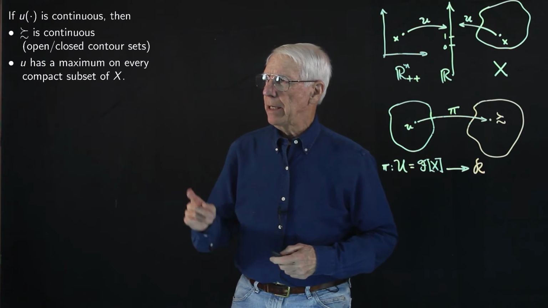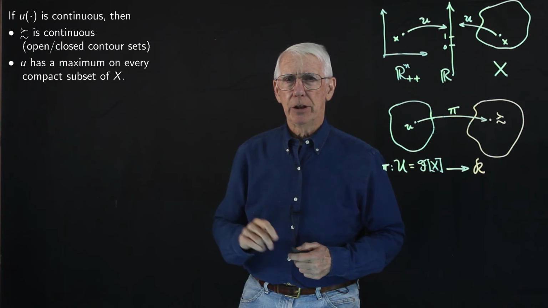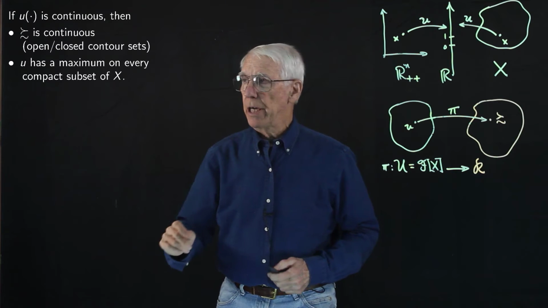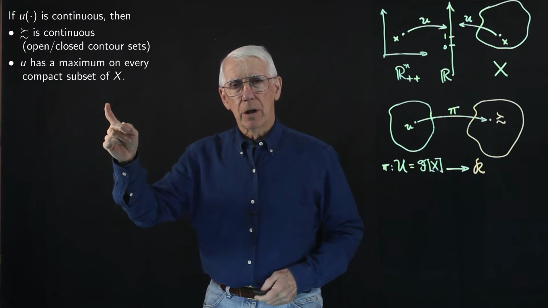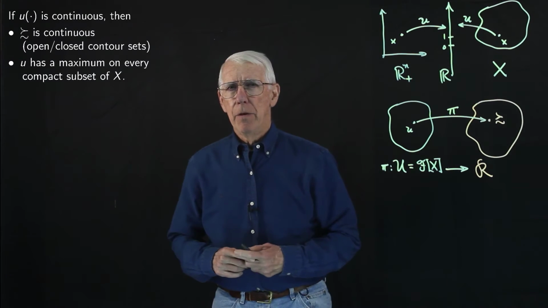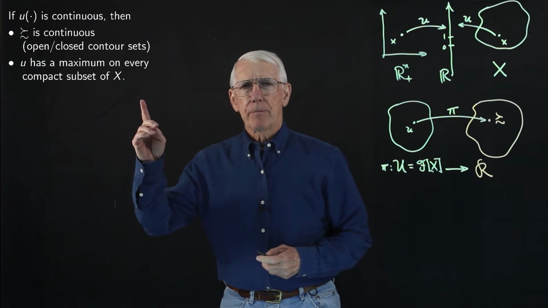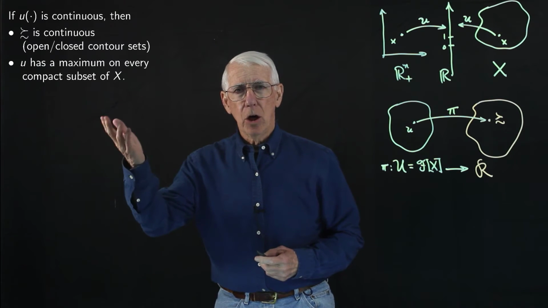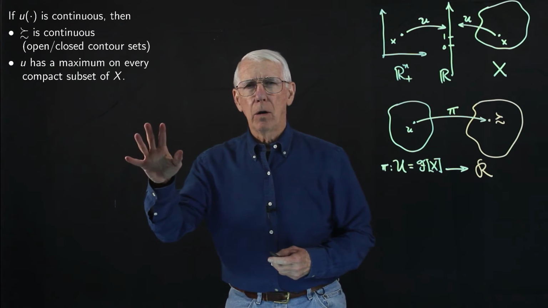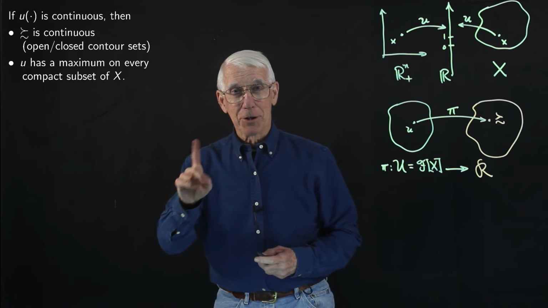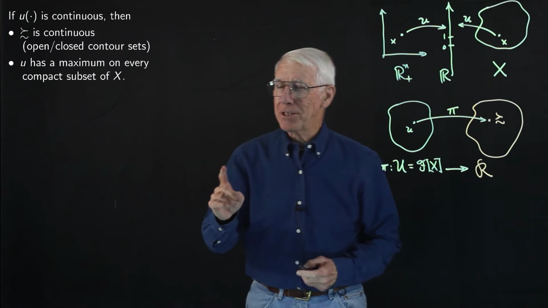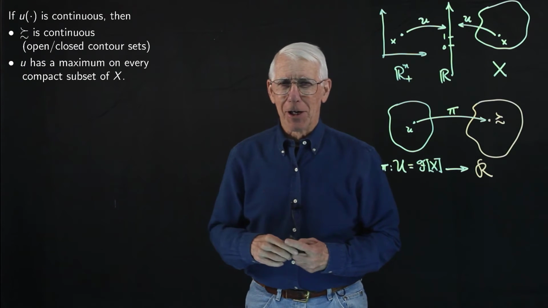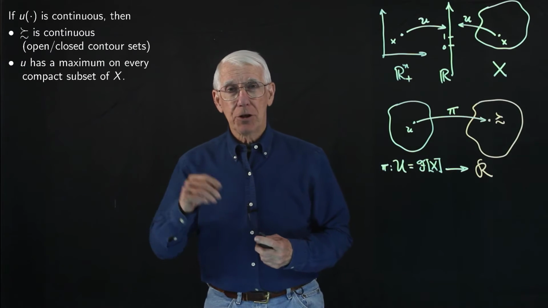Now let's look at several additional implications of assuming that a utility function is being used. First is that if the utility function is continuous, then the preference ordering will have strict upper and lower contour sets that are all open sets, and the weak upper and lower contour sets will all be closed sets.